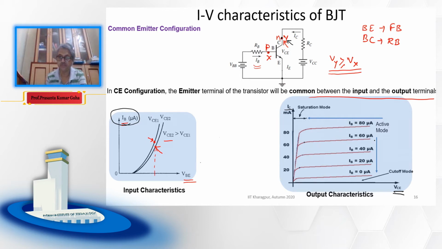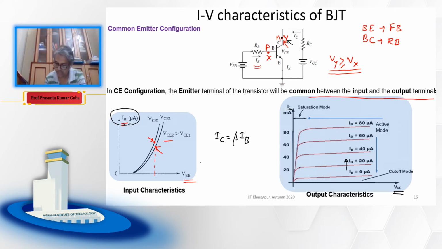Okay, here also you see IC is independent of VCE. Rather it depends on the base emitter voltage, that is, it depends on the base current. So if we increase the base current, IC will also increase, because we know IC is equal to beta IB, right?